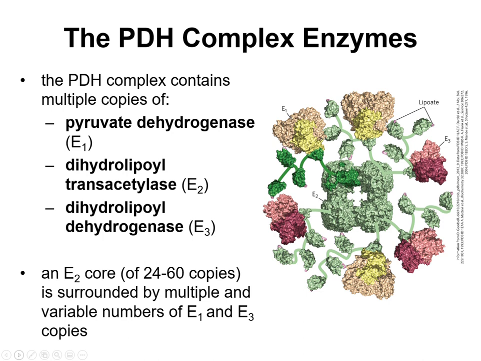And you can identify them by sequence, so they're very, very closely related. At the core of this complex, you've got E2, the one that has the lipoyl arm. And then around that, you've got a bunch of copies of E1 and E3.